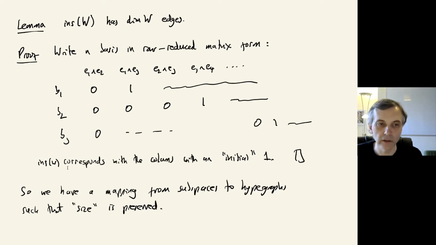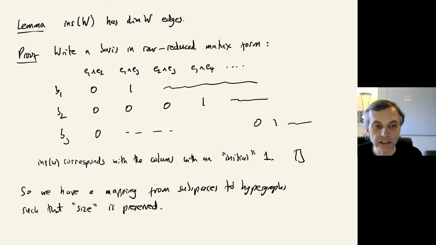So the initial set of any vector in this space is one of these columns where we have an initial 1. And that's exactly the number of basis vectors. It's very easy, but it's really helpful that dimension carries across to the size of the hypergraph.